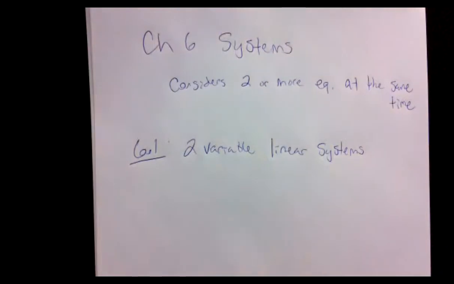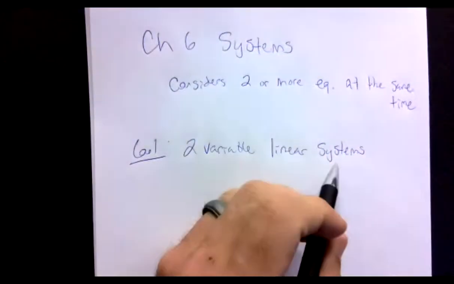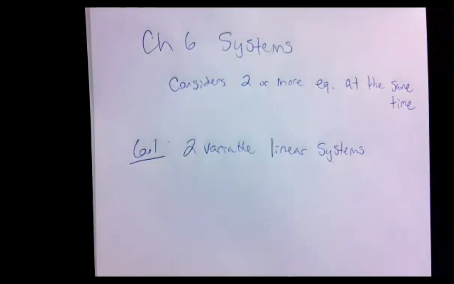Now, basically this chapter is a bunch of different ways to solve the systems. So the problems aren't going to change. They're going to ask you to solve it in a couple of different ways. Ultimately, I don't care which method you choose, as long as you are able to solve. So I'm going to give you examples of all of the different ways to solve.